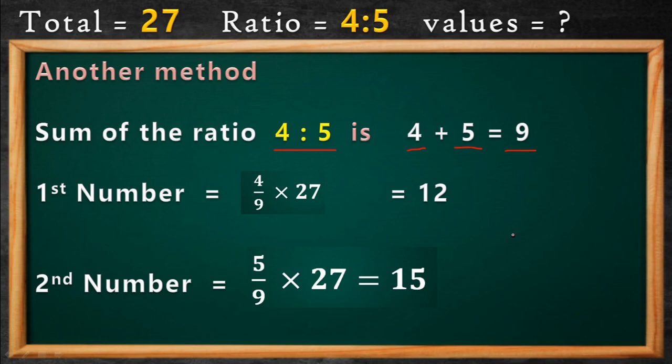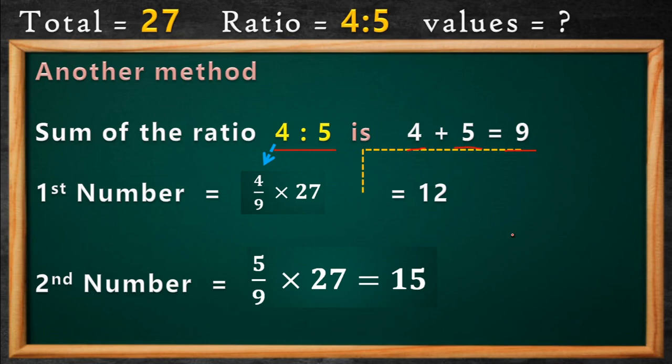The first number will be the first part, that is the antecedent, divided by the sum of the ratio, into total. The total is 27. After you simplify this, you will get 12. Understood? This is the direct method.